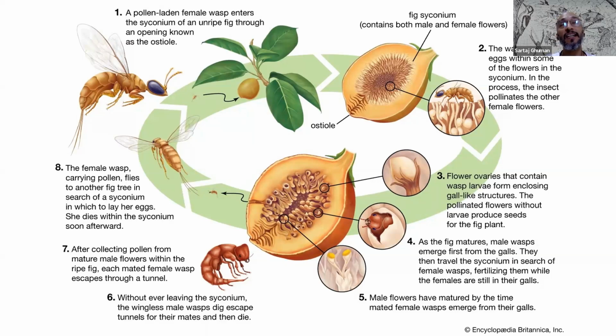So each fruiting cycle of the fig tree is linked to one life cycle of the wasp. And this makes figs aseasonal, which is, there is no particular season in which they will fruit. It makes them asynchronous, which means that no two fig trees will bear fruit at the same time. Like they don't necessarily need to bear fruit at the same time.